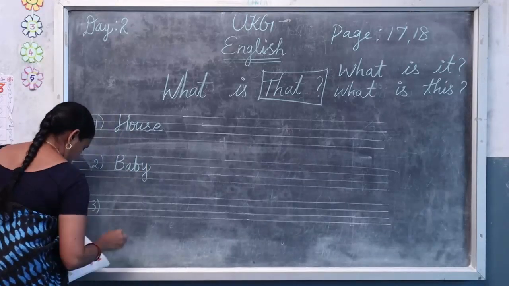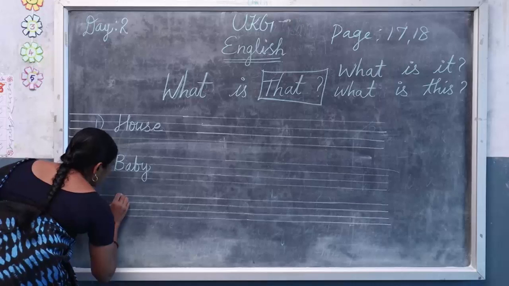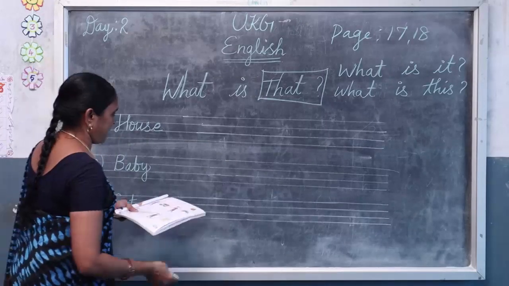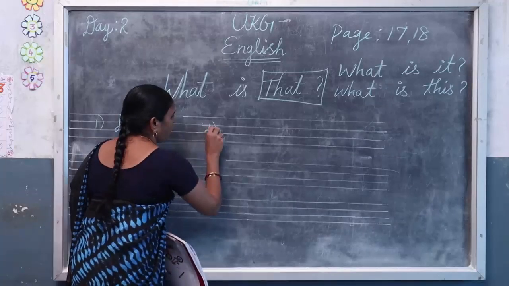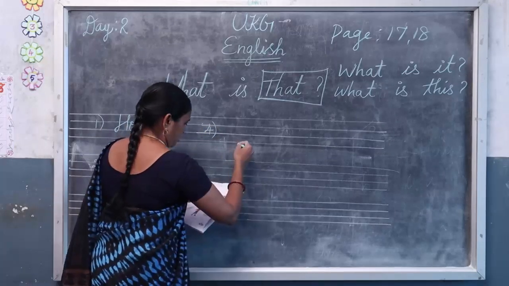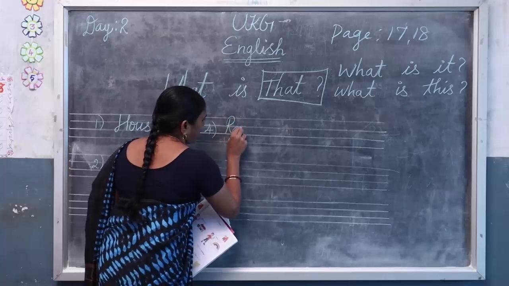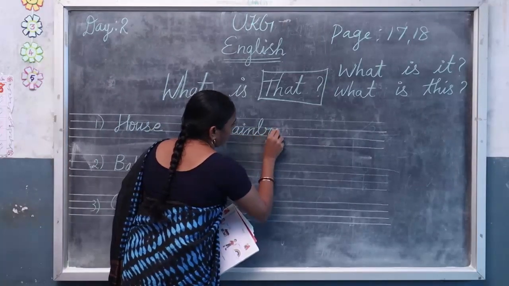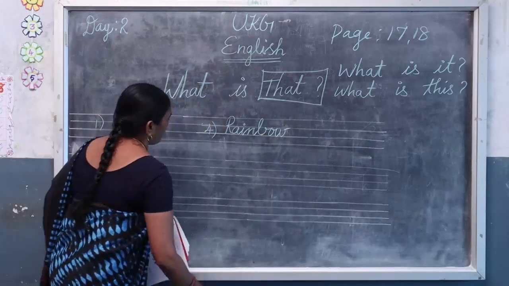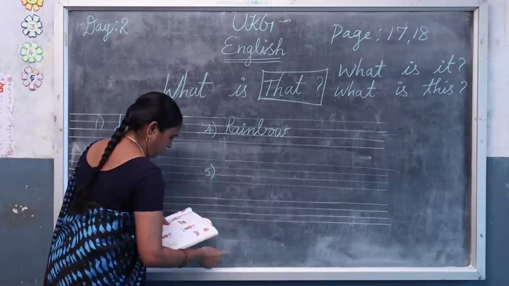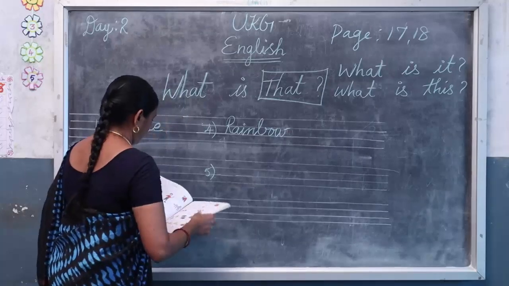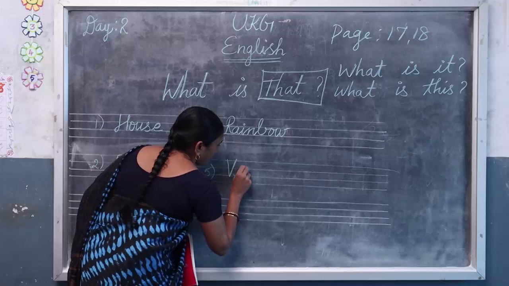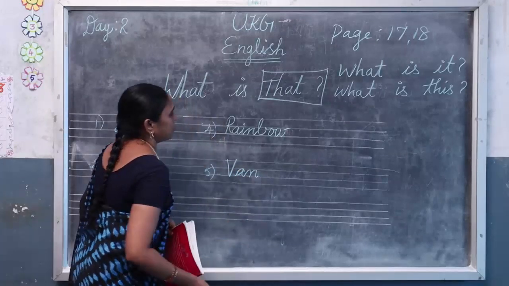Third one, cat, C-A-T, cat. Fourth one, rainbow, R-A-I-N, B-O-W, rainbow. Fifth one, van, V-A-N, van.